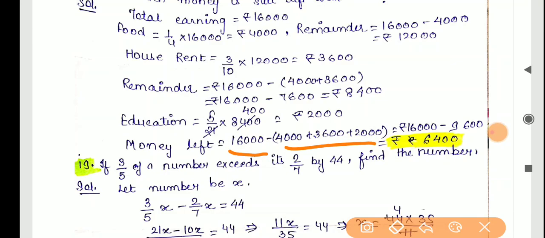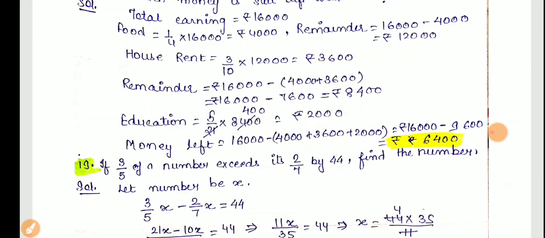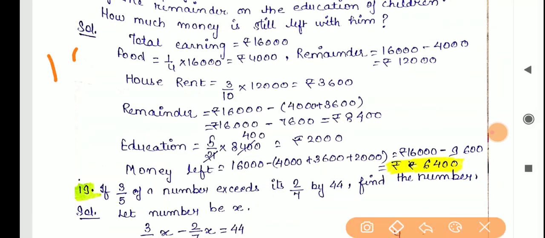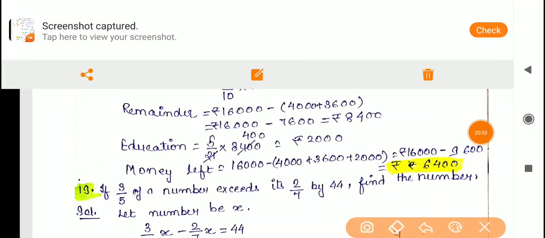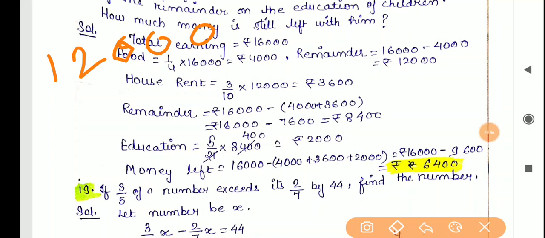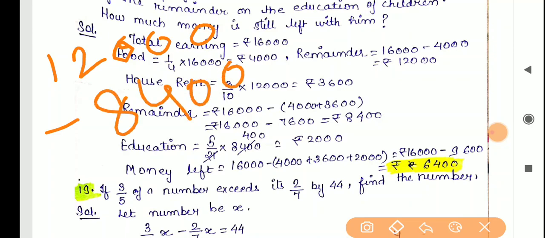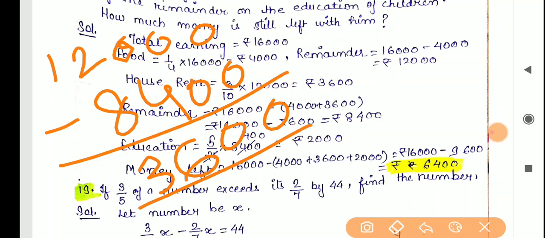The first method is you can add all the spendings. And the second method is you can use the remainder: 12,000 remainder, and here also remainder is 8,400. Next is the 8,400, so we will deduct it. 10 minus 4, then 11 minus 8, so 3,600.